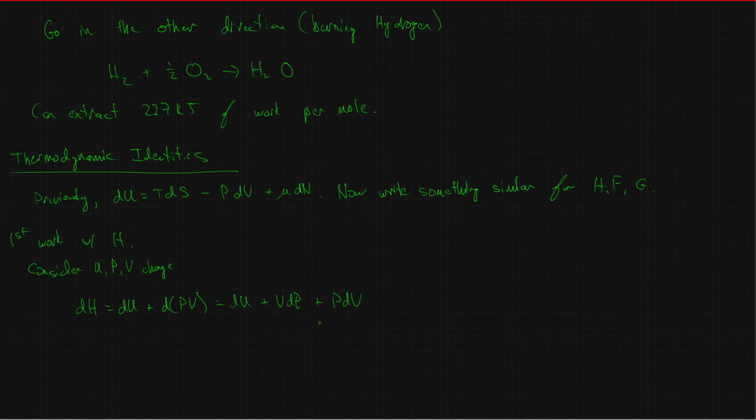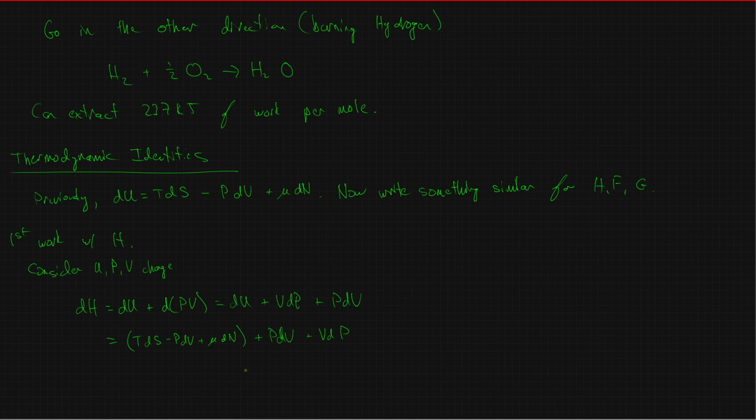Now if we expand out this dU using the thermodynamic identity that we have right here relating it to dS, dV, and dN, we can rewrite this dU as T dS minus p dV plus mu dN, plus p dV plus V dp.